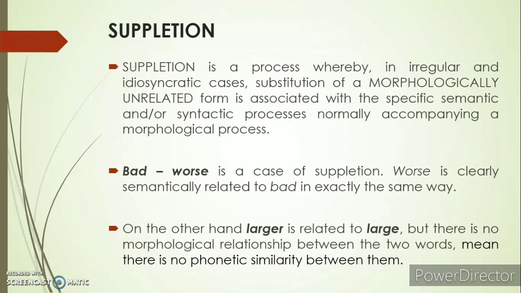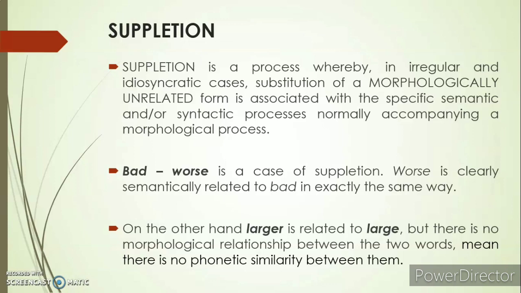And next, to the point of suppletion. Suppletion is a process whereby, in irregular and idiosyncratic cases, substitution of a morphologically unrelated form is associated with the specific semantic and or syntactic processes normally accompanying a morphological process.